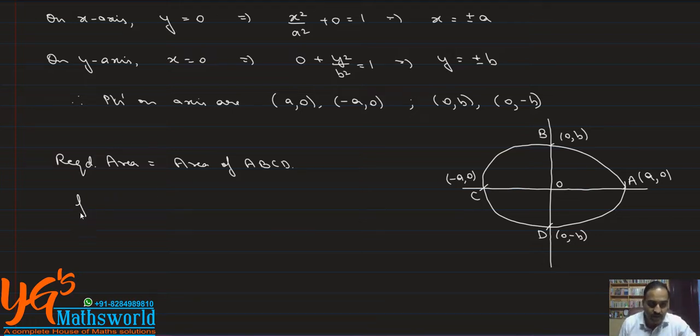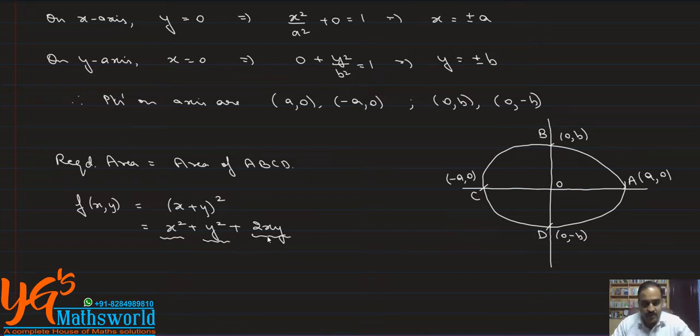Now the function which we have been provided, f of xy, that was x plus y whole square. So it will be x square plus y square plus 2 times x and y.